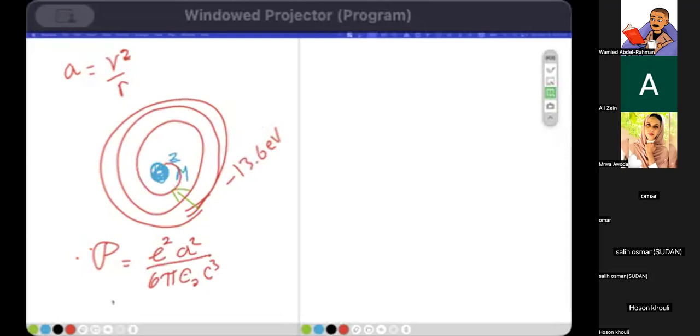This is the power, basically dE over dt. So the question is, if you have a hydrogen atom, how long will it take an electron in the first Bohr orbit to actually collide with the nucleus? Is the question clear? We know this does not happen.